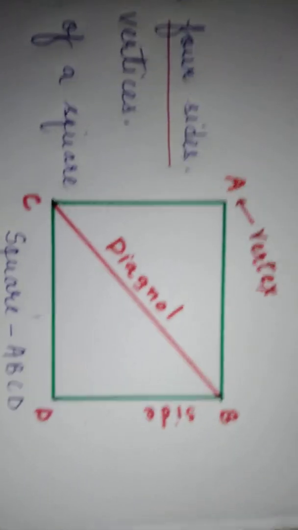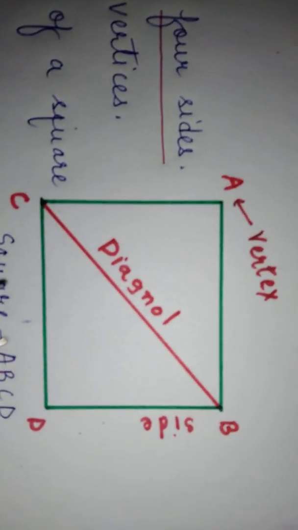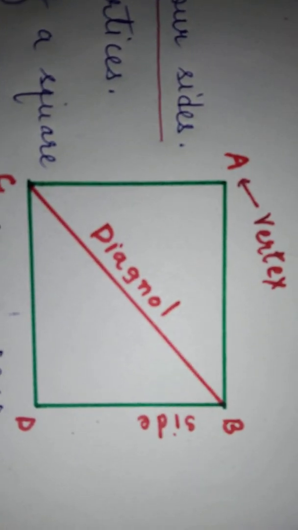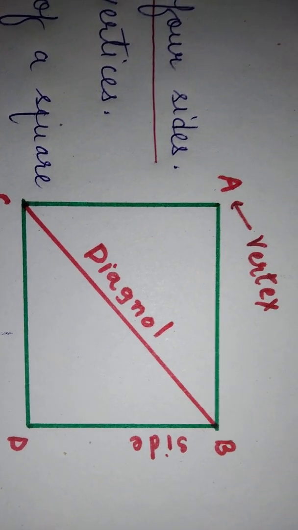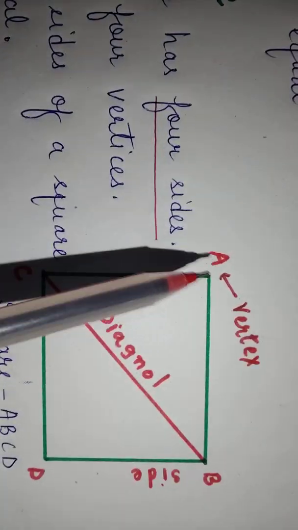Children, let's take up another geometrical shape, that is a square. As you can see over here, this is the shape of a square. Okay. So let's talk about the basic details of this square. First I'll teach you how to name this square.